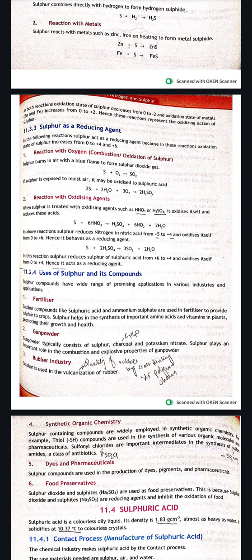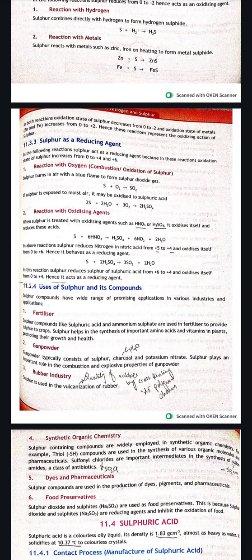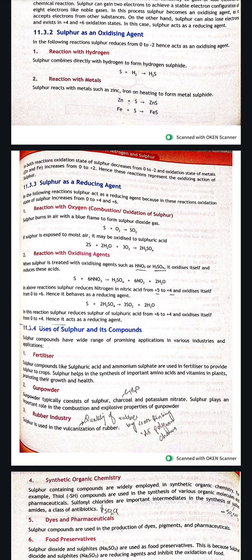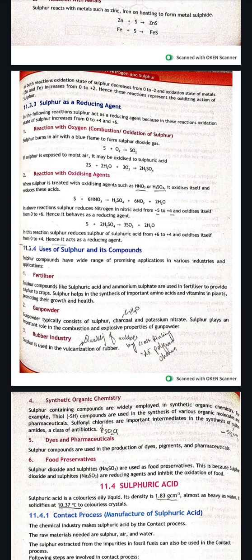From 0 to -2 means that there is gain of electron, and the sulfur here is reducing itself and oxidizing others, and oxidation state of metals increases from 0 to +2. Hence these reactions represent the oxidizing action of sulfur.